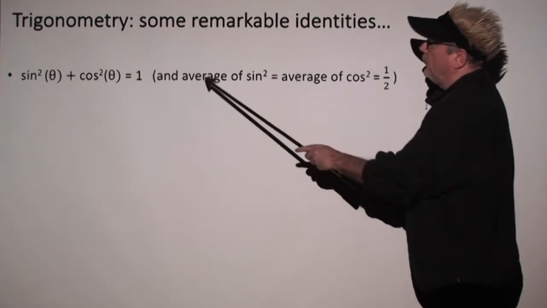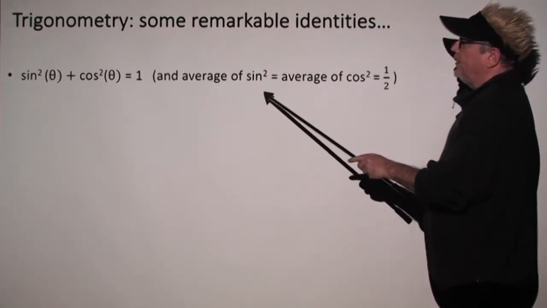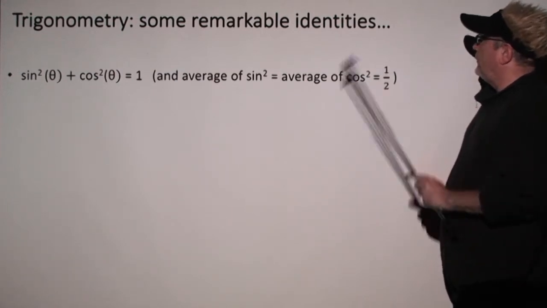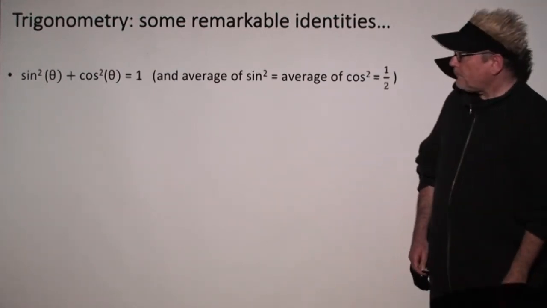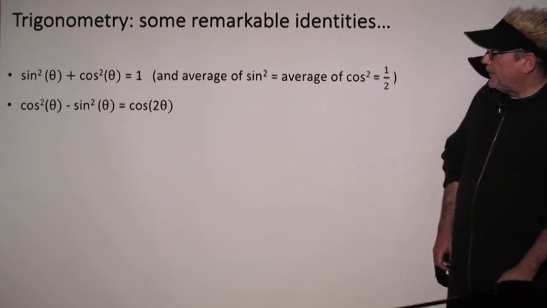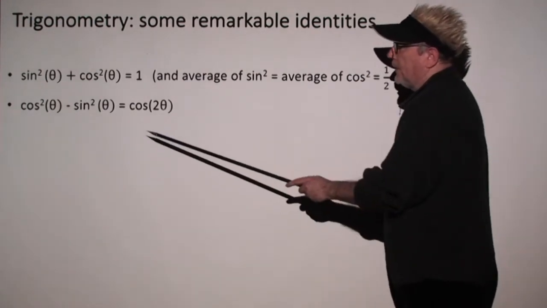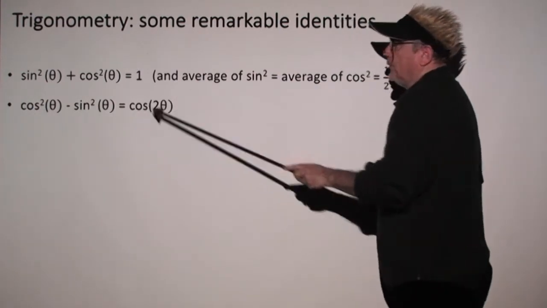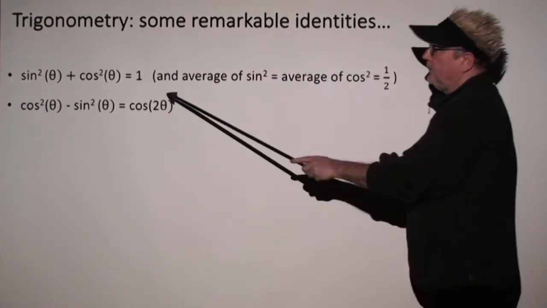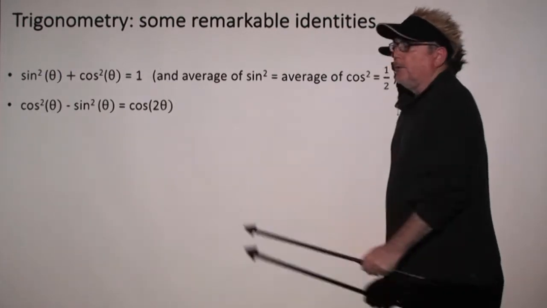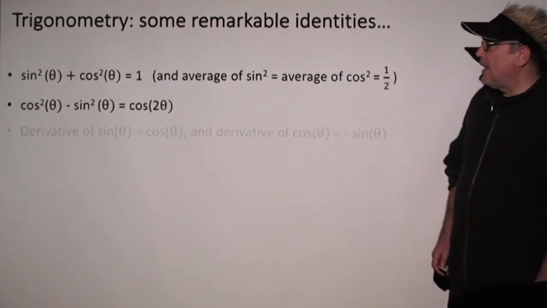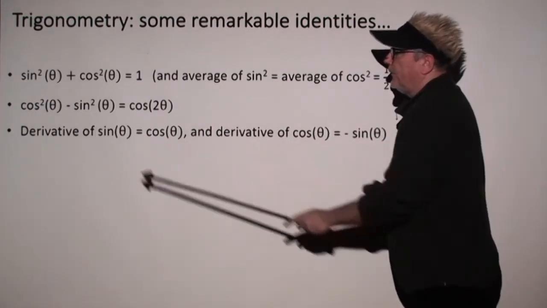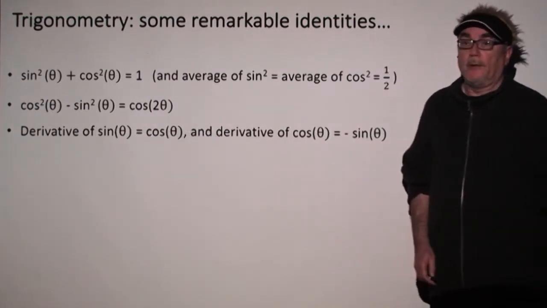So that means also that the average over a period of the sine square is equal to the average of cosine square, which is equal to 1/2. Another interesting formula that we're going to use later is cosine square minus sine square is equal to cosine of twice the angle. Finally, we'll have to remember that the derivative of the sine function is a cosine function.